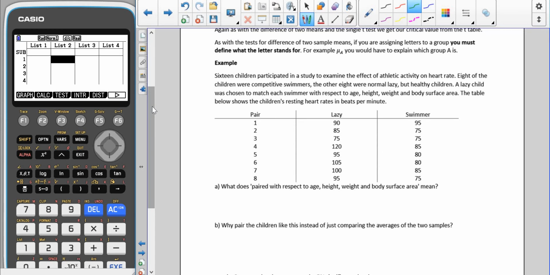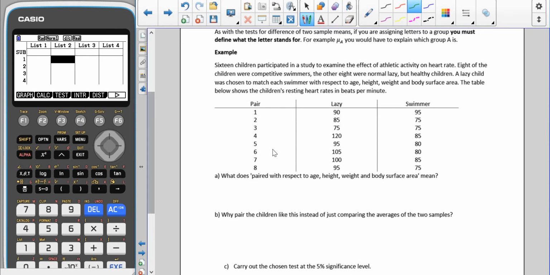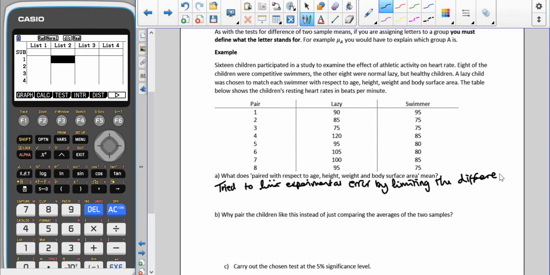So to start off with, what does paired in respect to age, height, weight and body surface area mean? Well, this is actually telling us that they have tried to limit what is called experimental error, by limiting the difference between the participants.